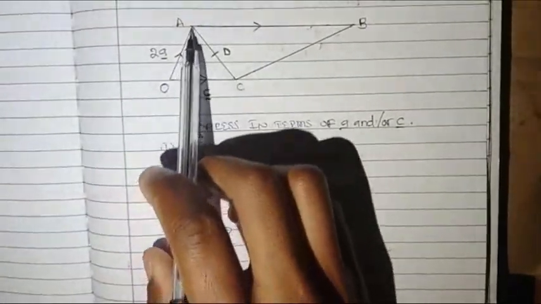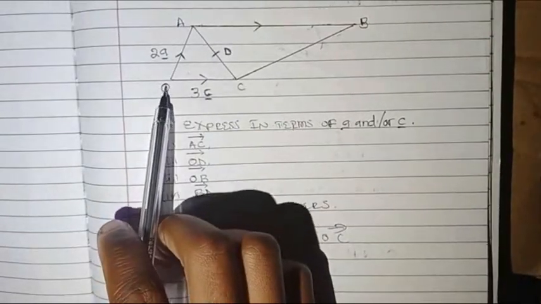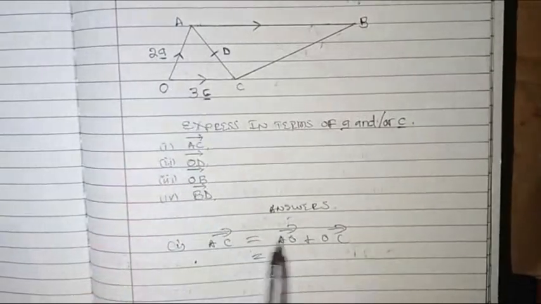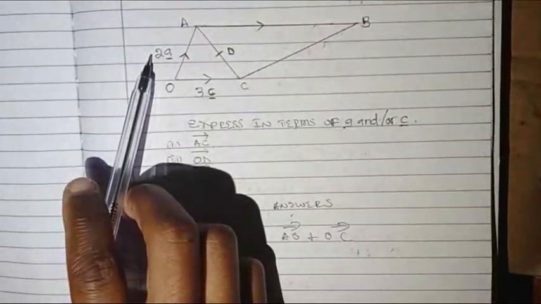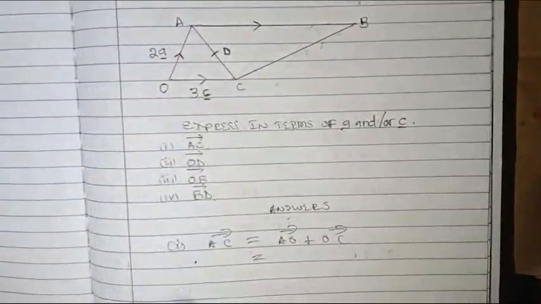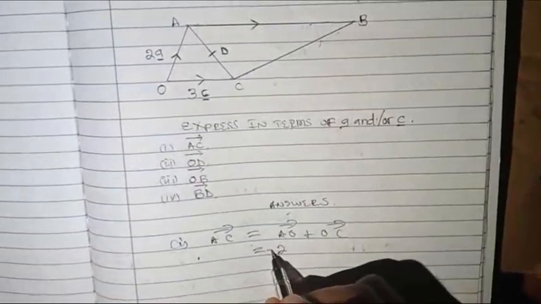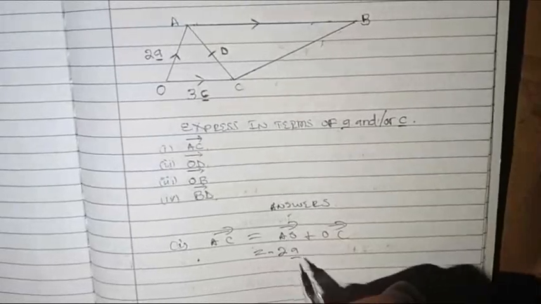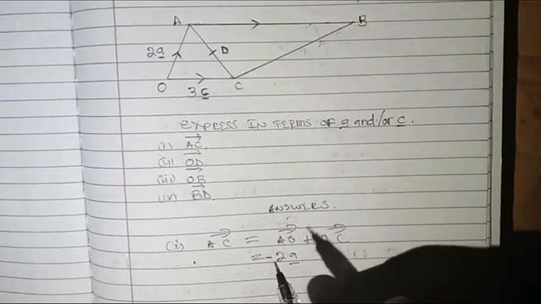As you can see, when we travel from A to O, we are going in the opposite direction of this vector. The arrow is suggesting that we go from O to A. But since in this problem we are going in the opposite direction, we add a negative to that magnitude. So it's going to be negative 2a. Don't forget that. Vector direction is very important.